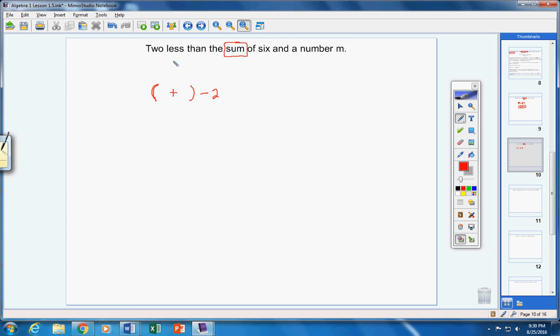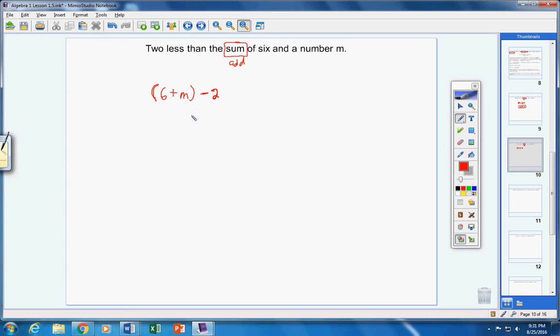So it's not 2 less than 6. It's not 2 less than a number n. It's 2 less than a sum. So I'm subtracting 2. What am I subtracting it from? A sum. Now the sum of what? Sum means add. What am I adding? Well, it's the sum of 6 and a number n.